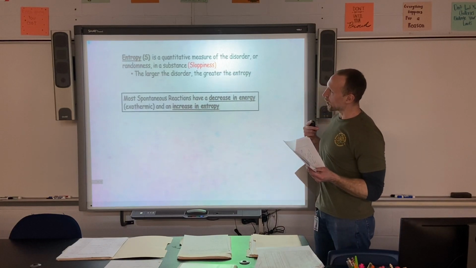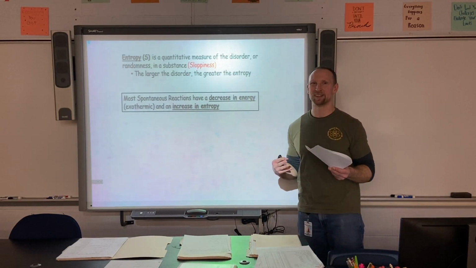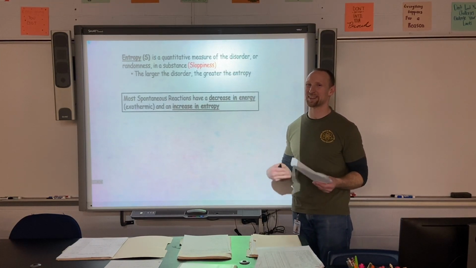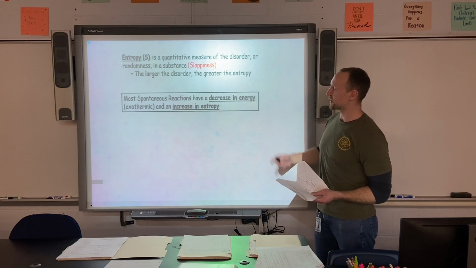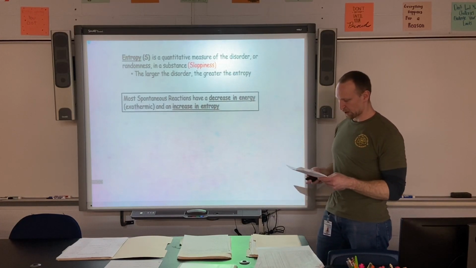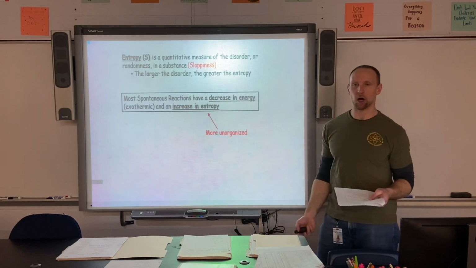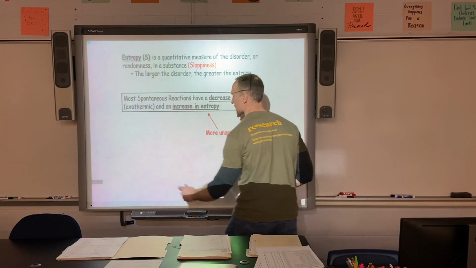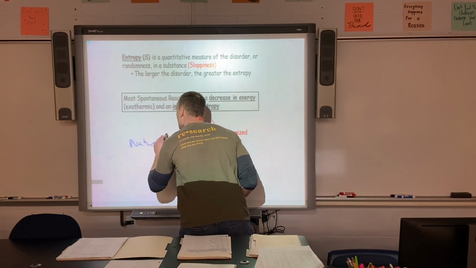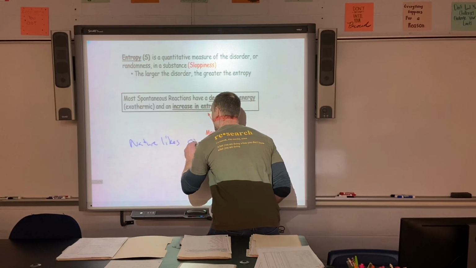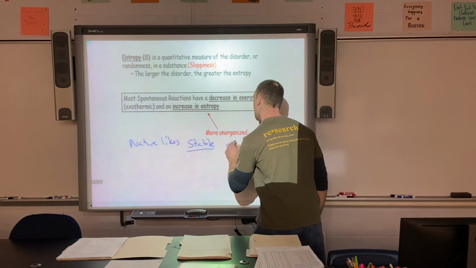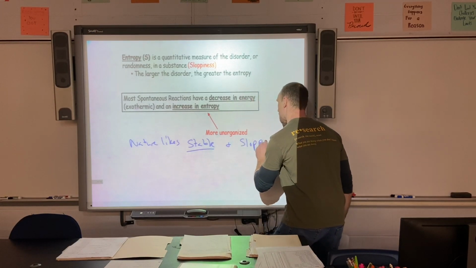So nature likes disorder. Nature likes sloppy things. It takes work to keep things nice and neat. So most spontaneous reactions have a decrease in energy and an increase in entropy, which means more unorganized. So nature likes stable, which is our low energy, and sloppy.